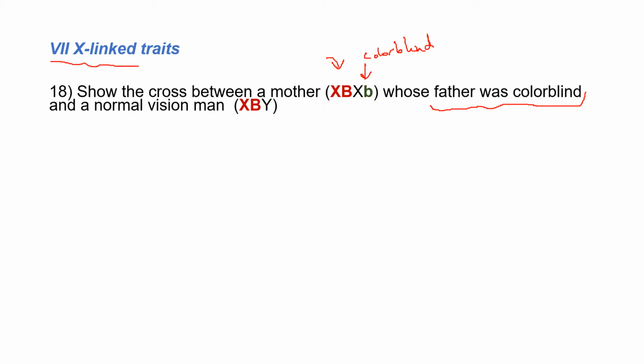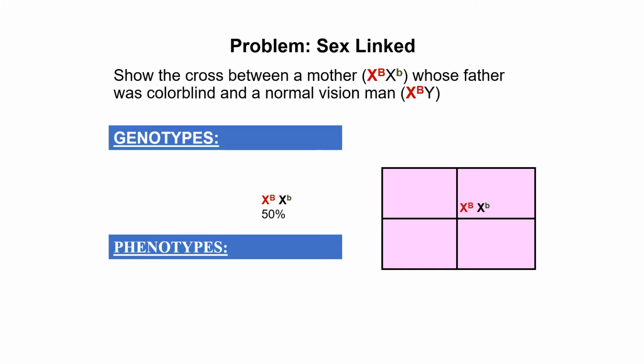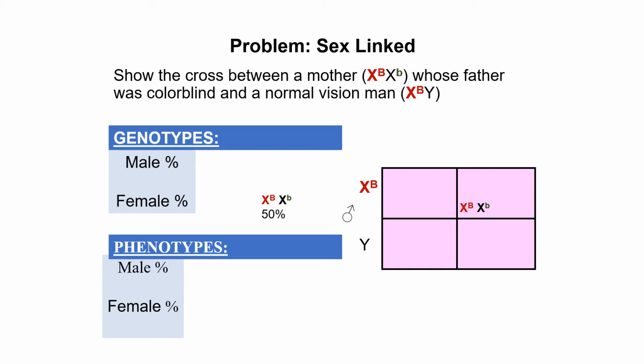In the cross, you have to cross that woman, who is heterozygous, with this man who has normal vision. Here you can find the male with normal vision. Here you find the female with the colorblind allele.